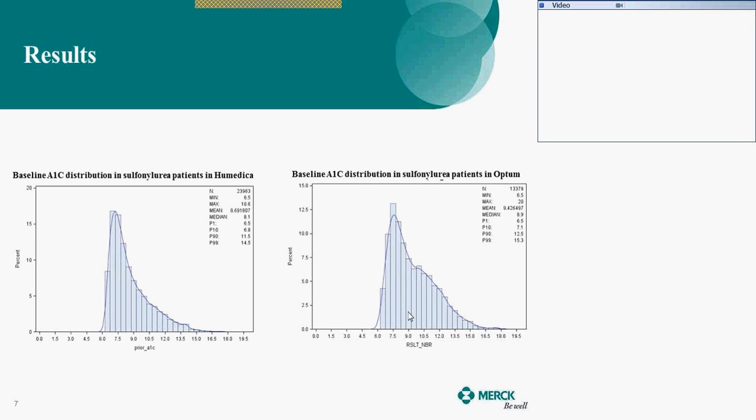I'm not quite sure why this is the case. Maybe it's because of the difference in the year and claims selection. Maybe it's because of the sample size. But there is a difference between EMR and claims.